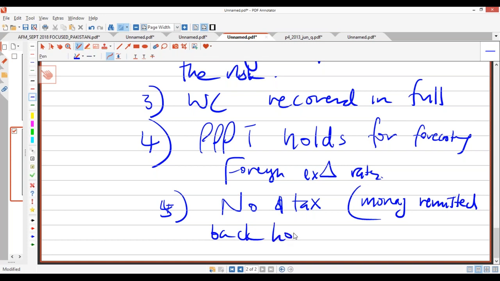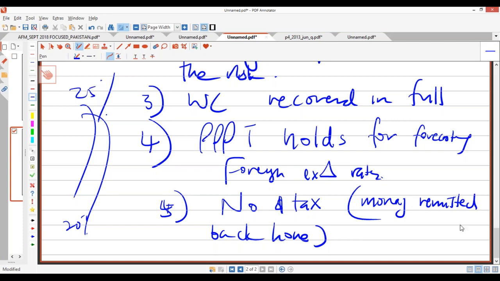Remember in this question, you pay 25% there, America has 20%. By that, when you come back home, you shouldn't be taxed. But sometimes some governments will base tax on the money that you bring back. So we just assume that the tax is purely on earnings in that country. If you pay it there, when you come back here, no need to pay. So we assume there is no tax on remittance of the money back.